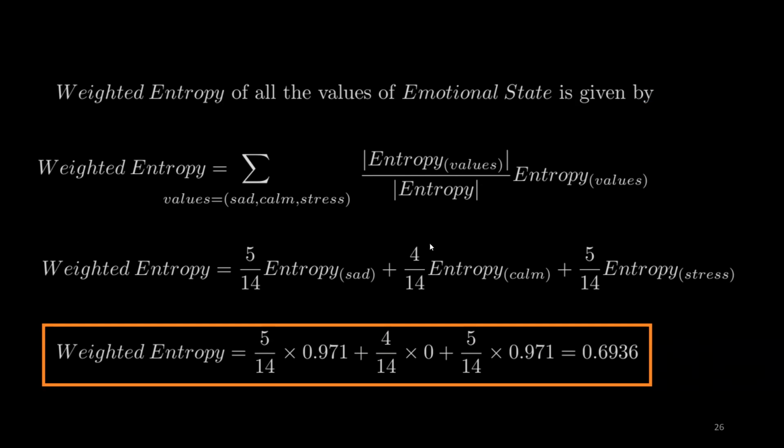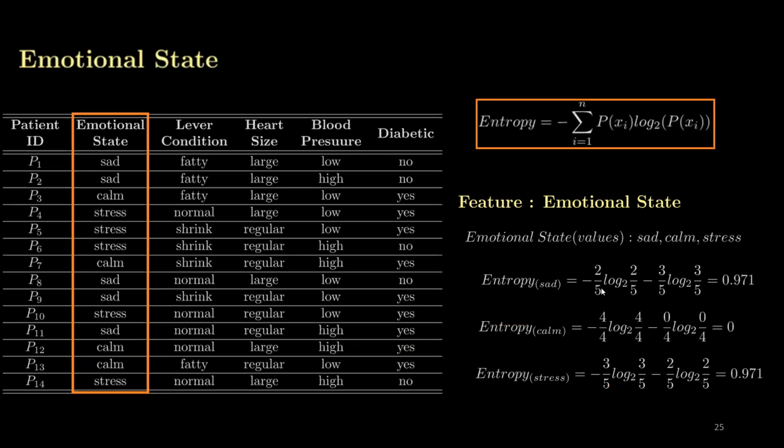Similarly, calm appears 4 times, and stress appears 5 times. If we go back, we can confirm that sad appears 5 times, calm 4 times, and stress 5 times. If we add 5, 4, and 5, we get 14.